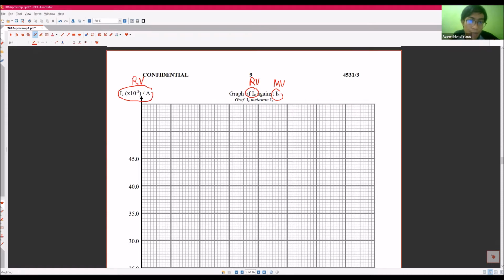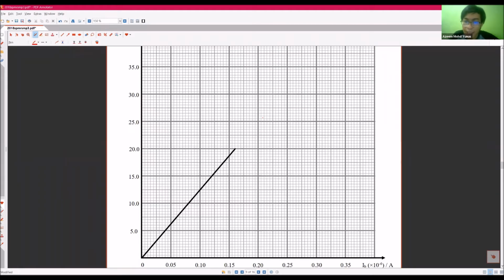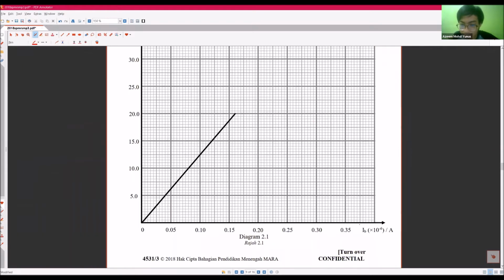The unit is ampere, but it has a multiplier here, 10 to the power of negative 3, so make sure that you pay attention to that. And the x-axis is IB over here, in microamperes. It also has a multiplier, 10 to the power of negative 6.